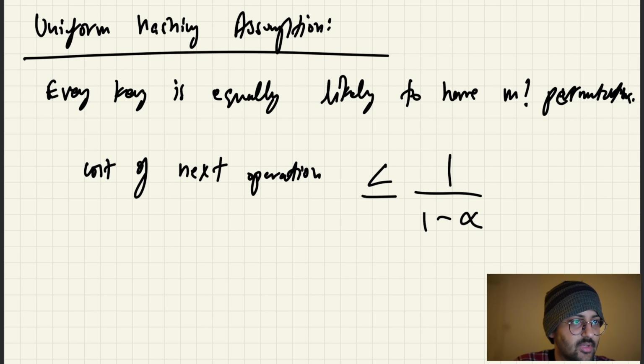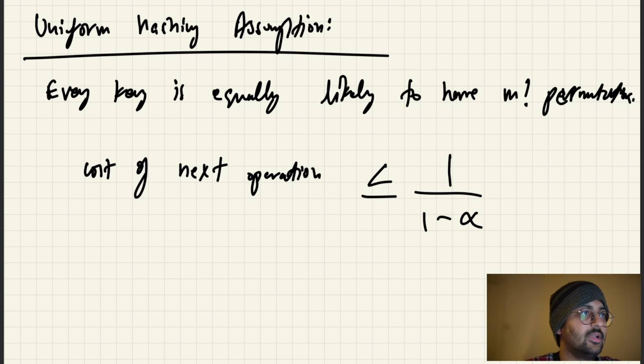I will explain in just a minute how that is possible. Because as alpha grows, the number of expected probes that you need will also grow. That means we will resize the table. For example, when alpha becomes high, we'll try to keep alpha small.